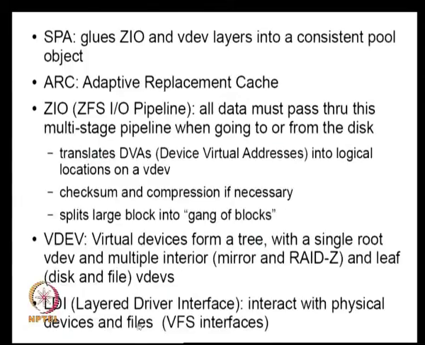And this is the thing which actually handles the physical devices, or it may be that your file system is built on top of some other files. Then it has to go through the VFS interface. For example, you might have things like loop devices.